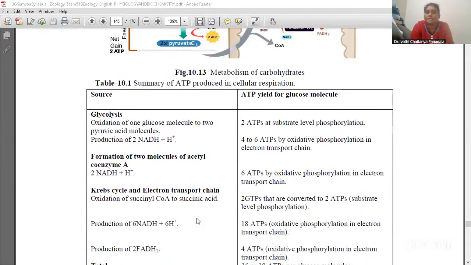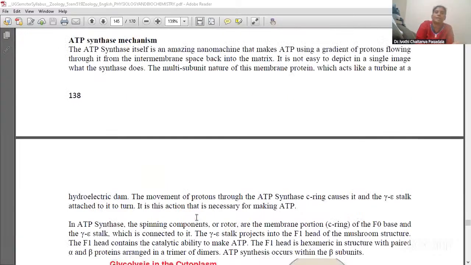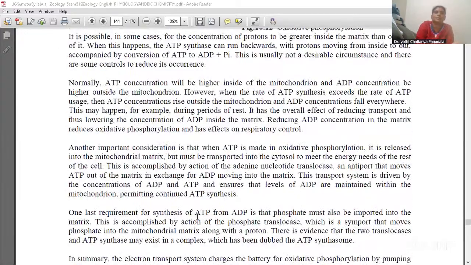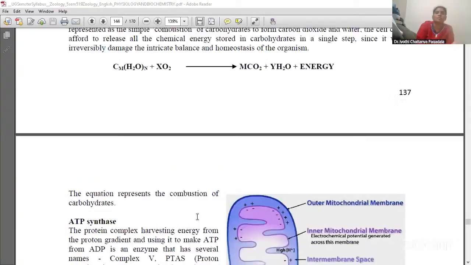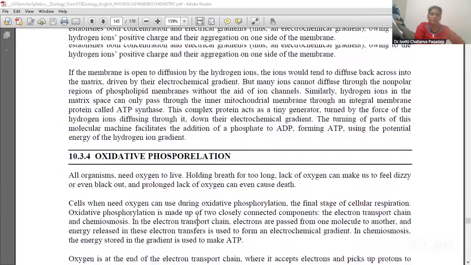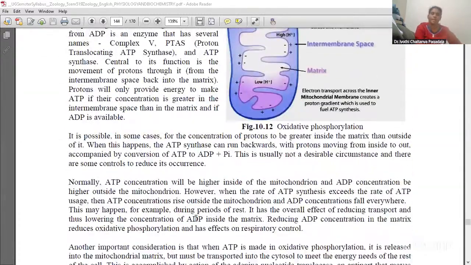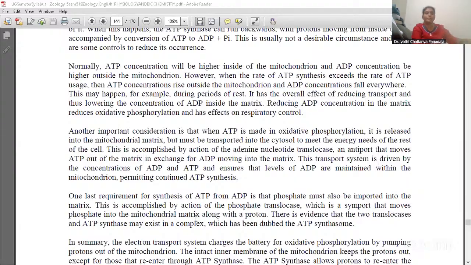The next topic is this. Up to now we discussed glycolysis and the electron transport chain, how ADP and ATP behave in oxidative phosphorylation, and redox potential, and ATP synthetase also.